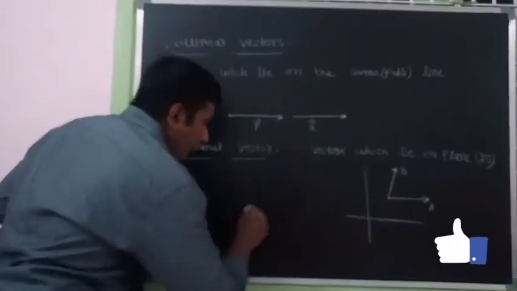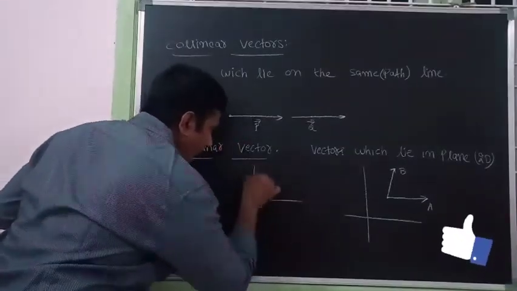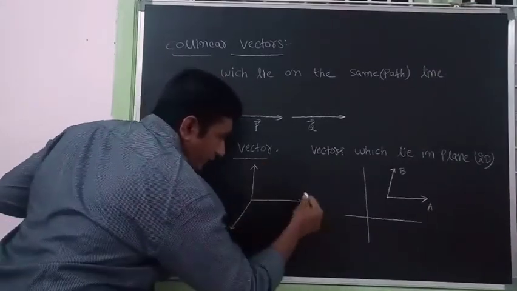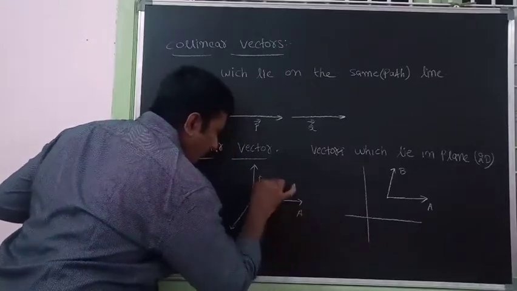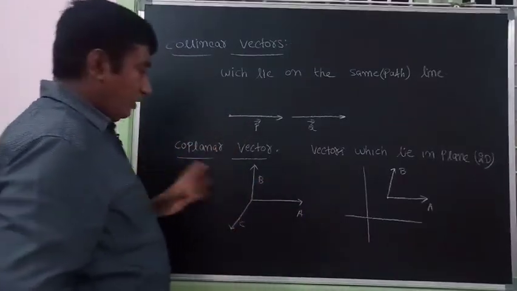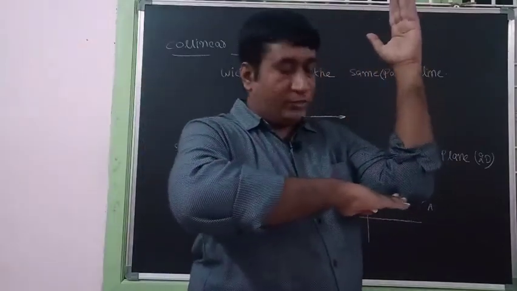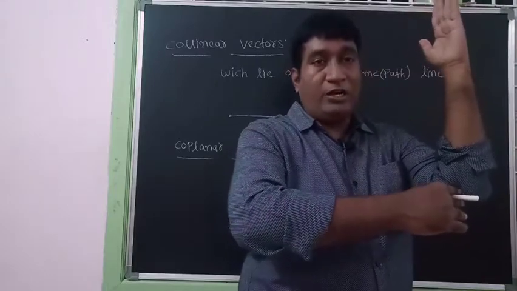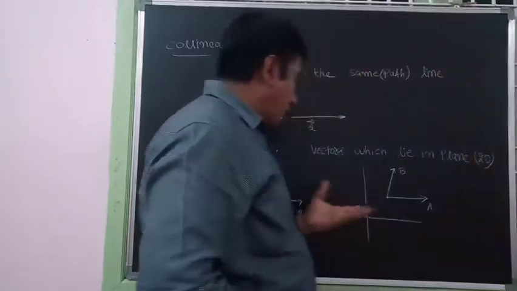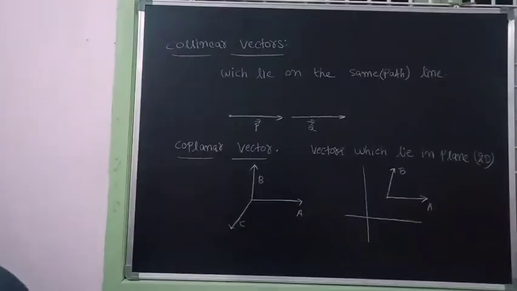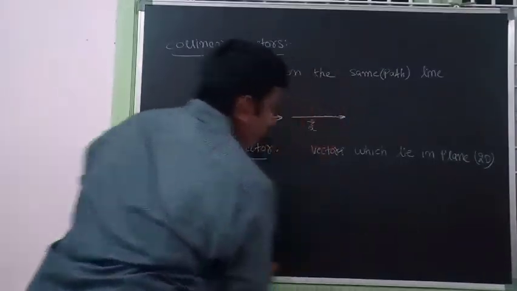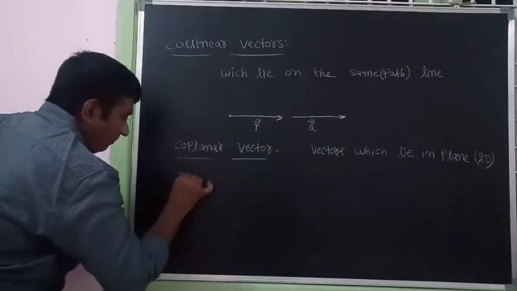But if you are taking three vectors, in a plane, which is 2-dimensional, A, B and C: if I take these two like this and their resultant like this, it does not lie in the plane.